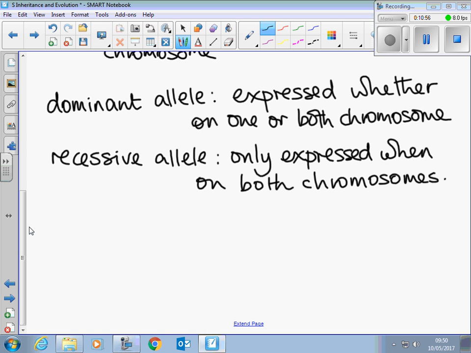Now, this will give us some other words in a minute, but I just need to put in codominant. This is where you've got both of them being expressed. A good example would be, no, not in eye colour. There's no codominance in eye colour. If you get two different coloured eyes, you will always get a blue one.